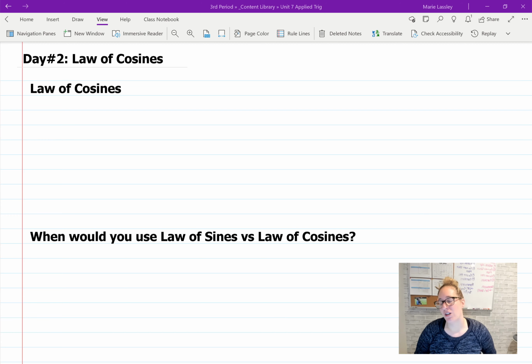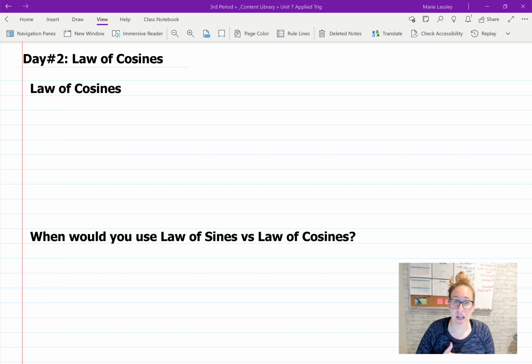So on your law of sines homework, you were only given ones that would work with law of sines. But there are some times, so if you think about it, right? If you're doing the law of sines and you don't know any side lengths, you can't do the law of sines. You need at least one side length, all right? So that's kind of an issue.